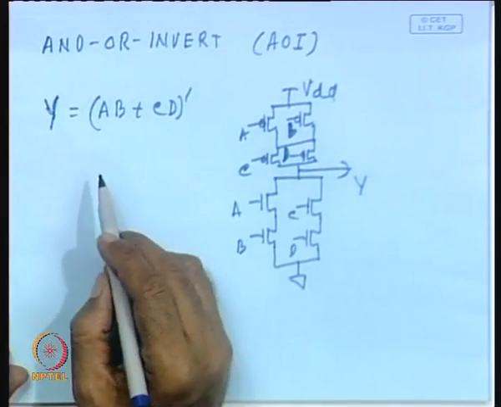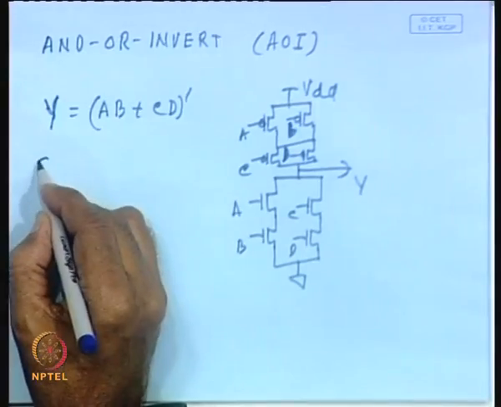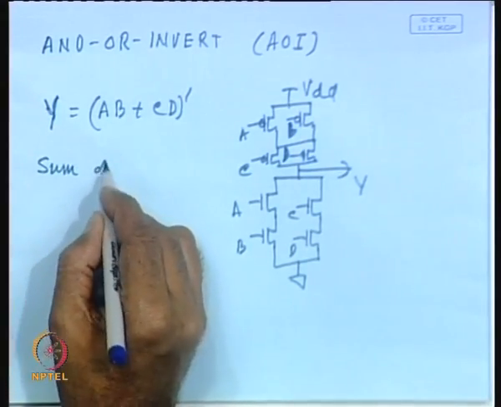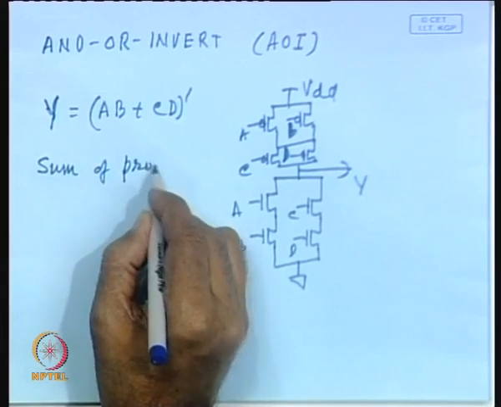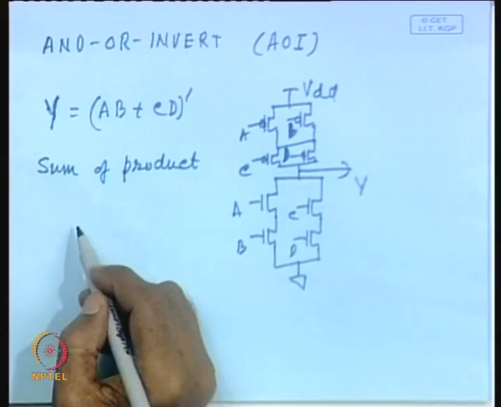Similarly, you can also use another approach depending on the representation of the function. We know there are two possible minimal forms. One is known as sum of product. This is essentially complement of the sum of product.